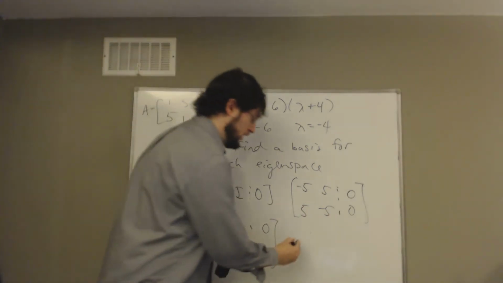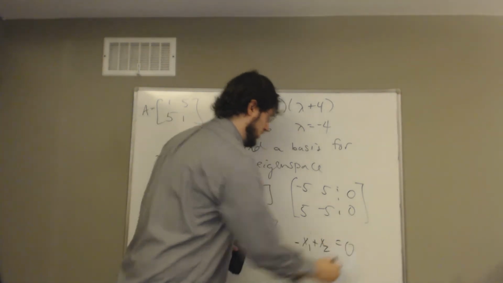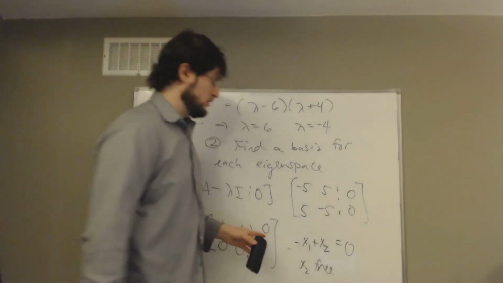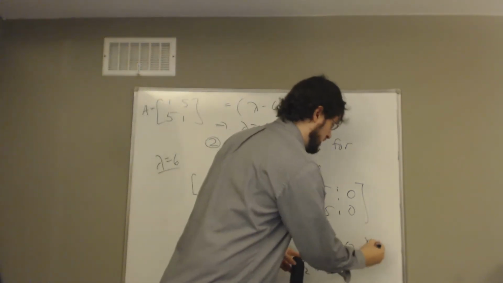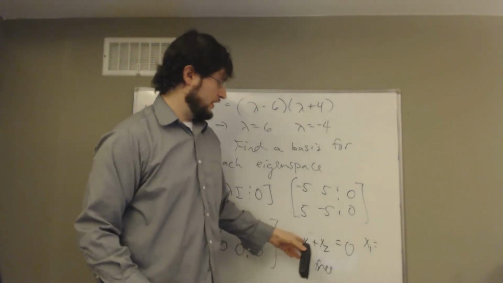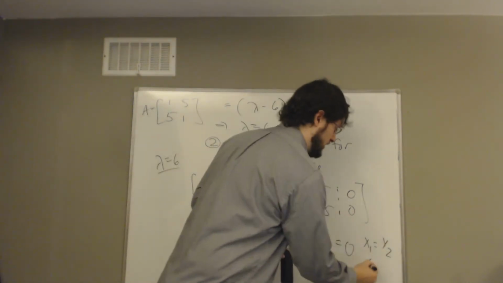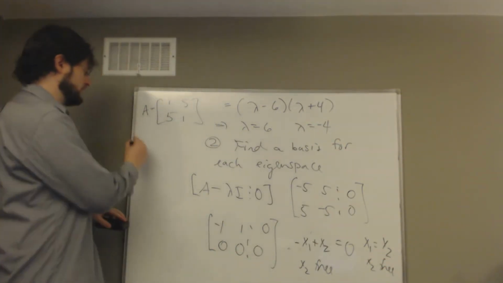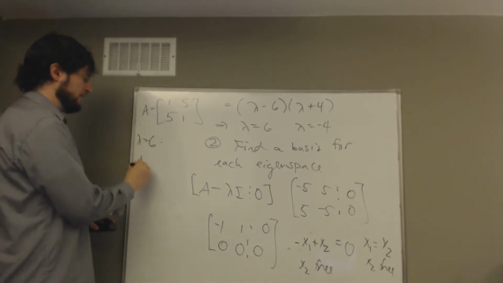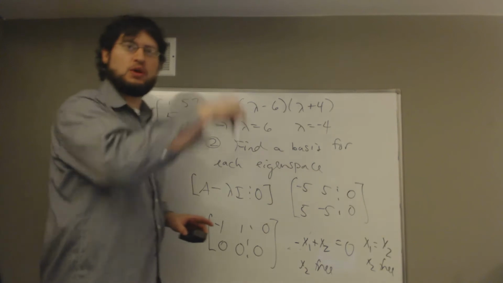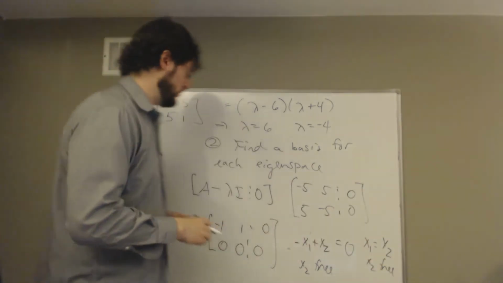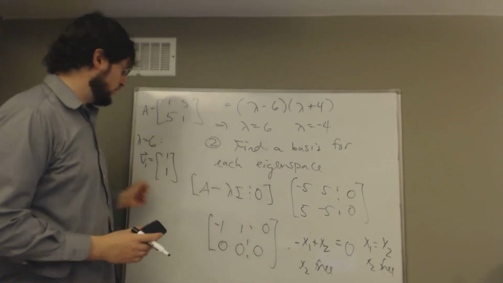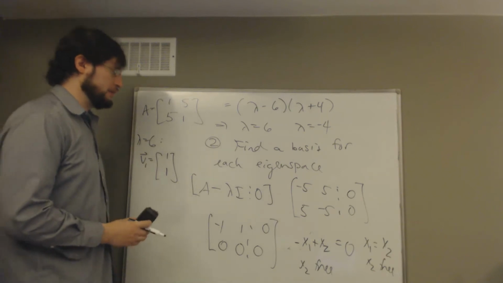This corresponds to negative x1 plus x2 is 0, and x2 is free, which means that x1 is x2 and x2 is free. So for lambda equals 6, our eigenvector is the vector x1, x2, which is x2, x2, which corresponds to 1, 1 times x2. So this is our eigenvector corresponding to lambda equals 6.